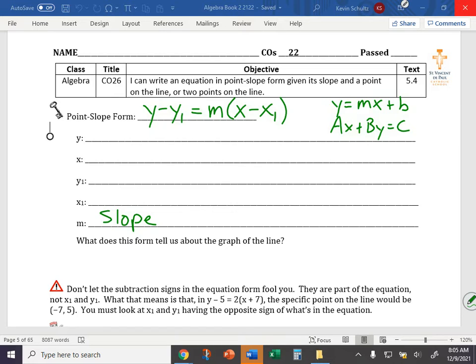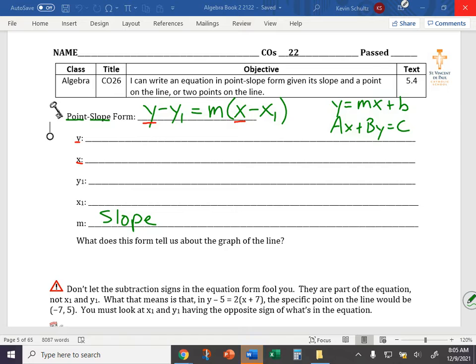The other piece of this, we've got that slope part, but the point. You'll notice that we have two y variables and two x variables here, right? We've got y and y1, and x and x1. Just like in slope-intercept form, your y and your x, I'll underline these in red to differentiate them from the others.